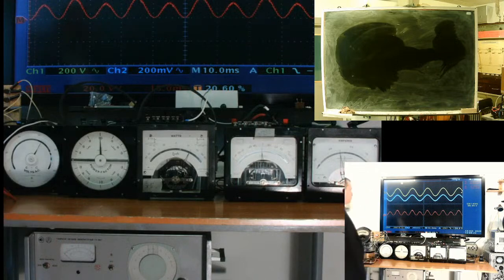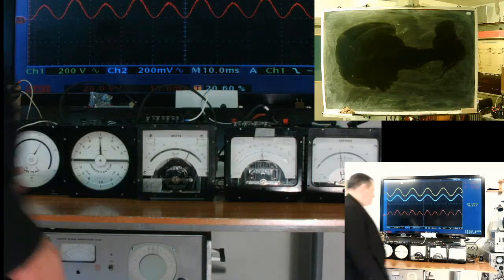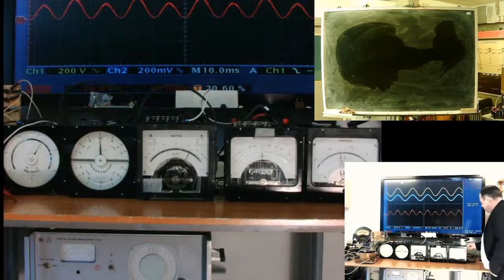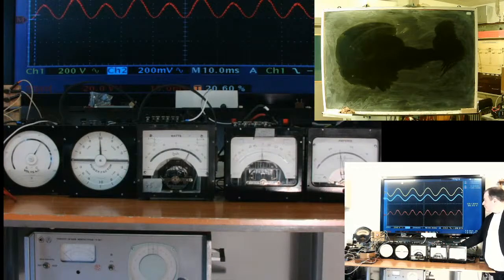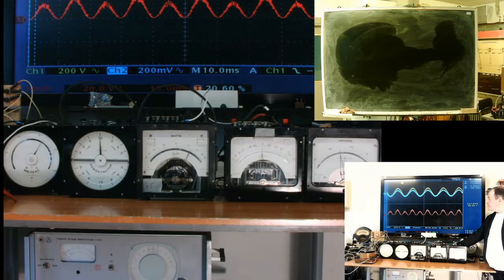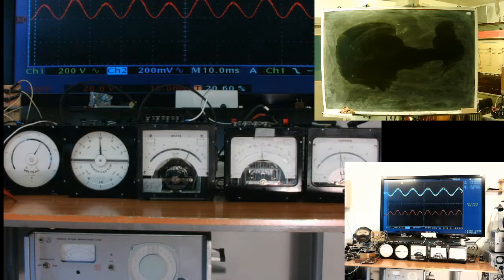What regime do we have now? I will make it more visible. Now current is on the one axis with the voltage.